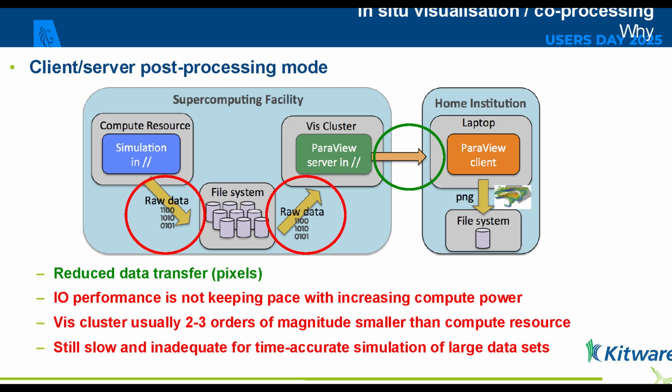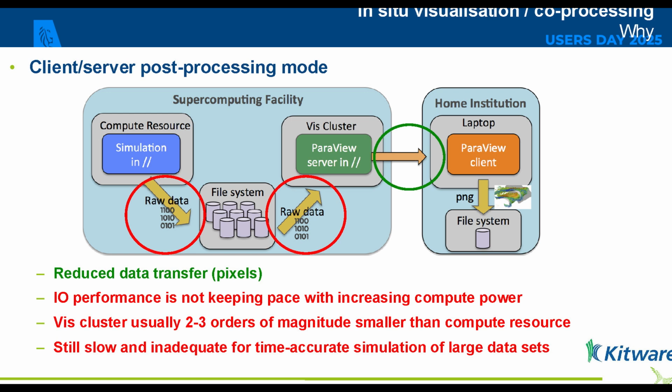Here I'm representing a typical workflow where you have a simulation running in parallel on your supercomputer. You write your raw binary data to the file system, and then later you load them again in a visualization cluster with ParaView, for instance, running in parallel.